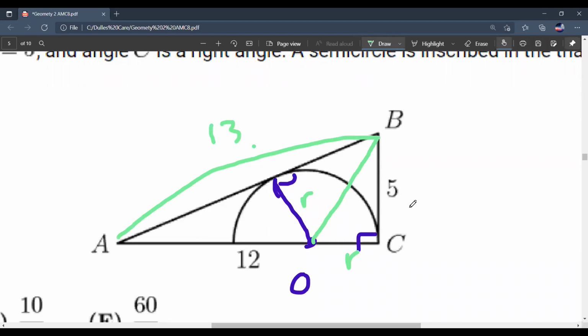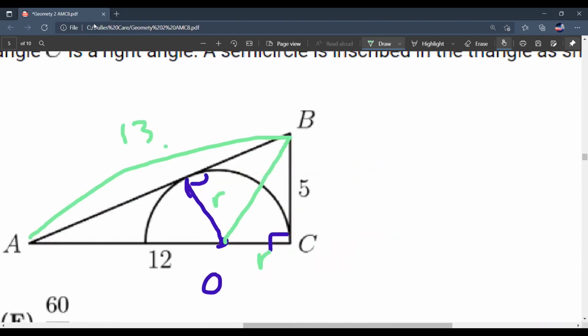So we can find the area of ABO, that's 13r over 2. We can also find the area of BOC, that's height 5, base r, 5r over 2. And now, can we find the area of ABC normally? Well, we have 12, we have 5, the base and the height, so we're basically done.